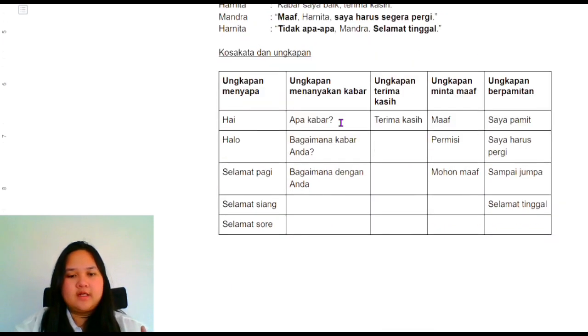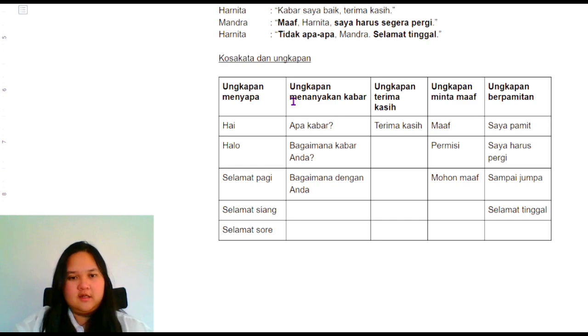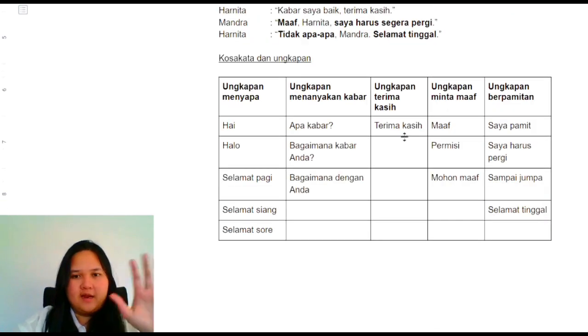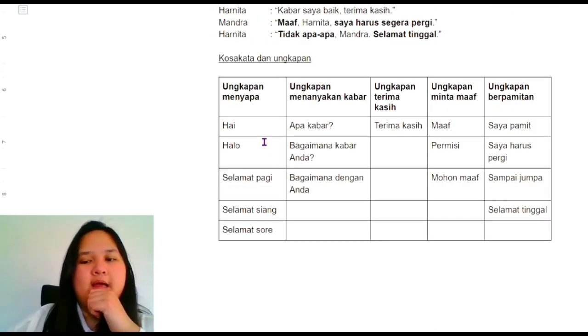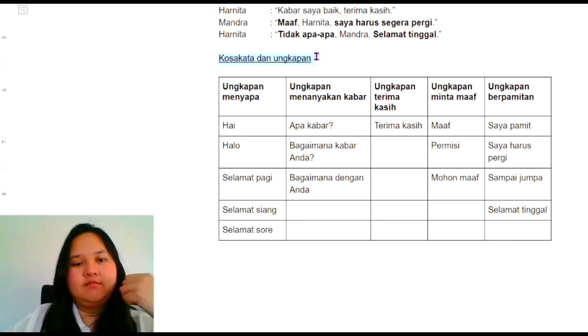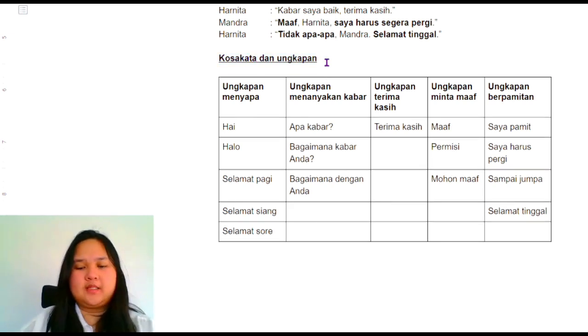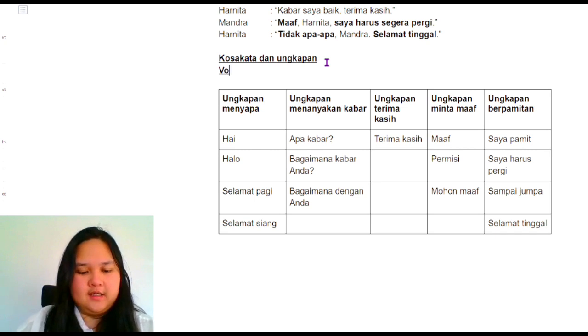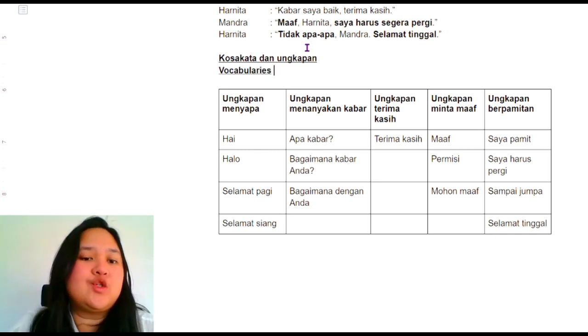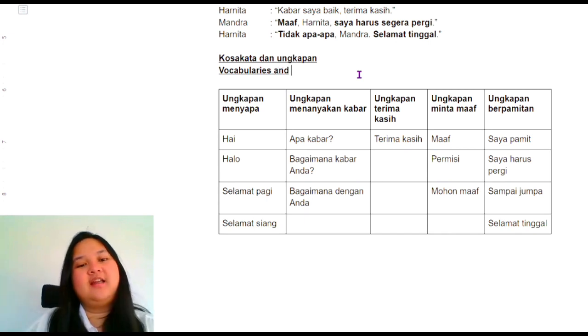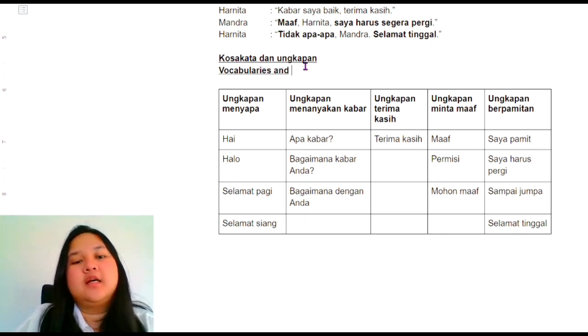We have a compact table with columns and rows. This table is kosakata dan ungkapan. So kosakata we already know, it's vocabularies, and dan is actually and in Indonesian.